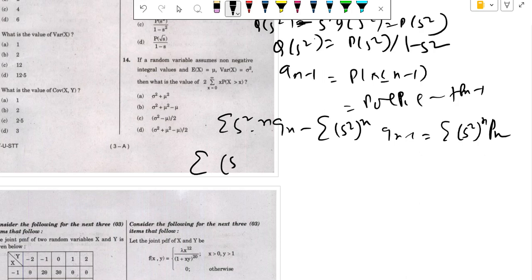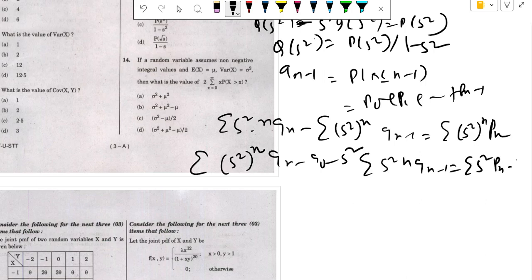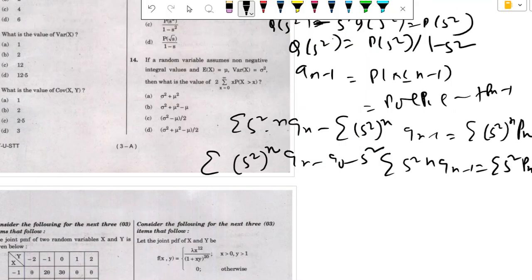that is the summation of s squared to the power n Qn, Q0 s squared, summation of s squared n Qn minus 1, summation of s squared Pn minus P0. Okay, P0 and Q0 will cancel out.